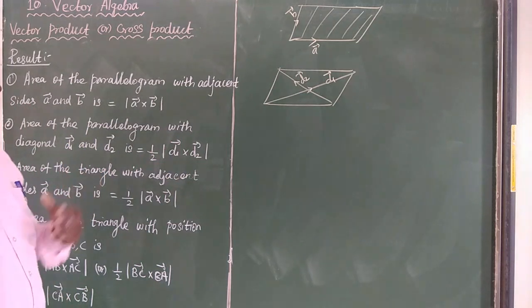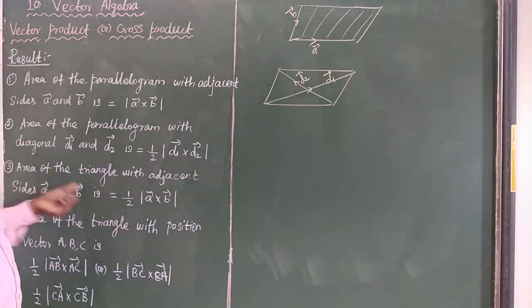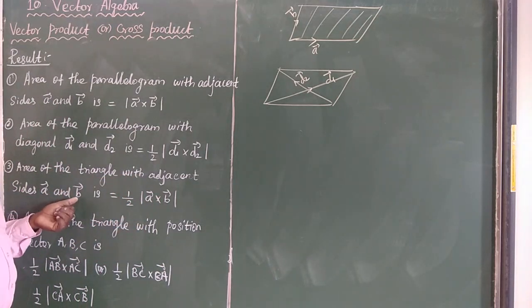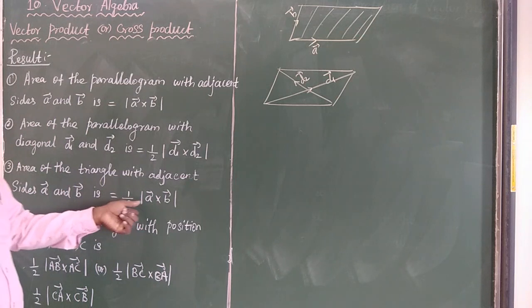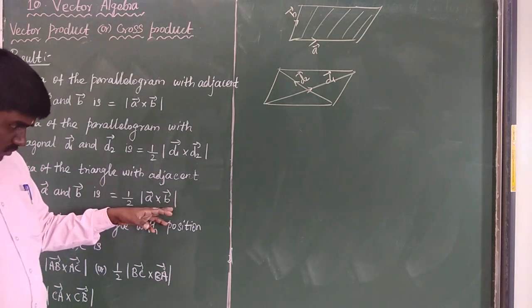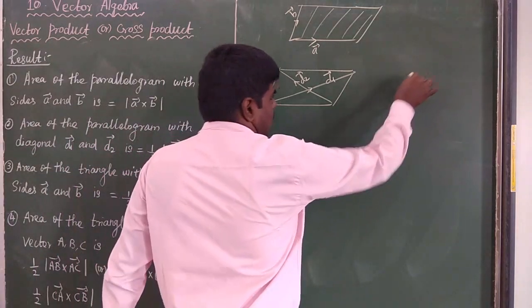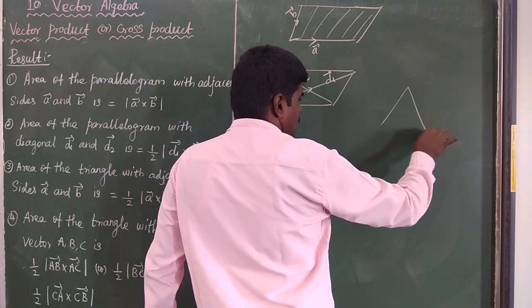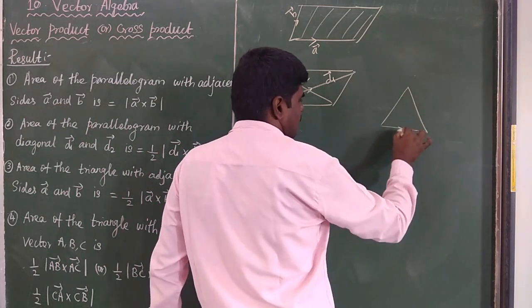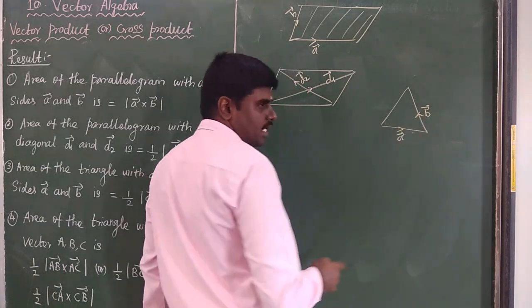That is the second result. The third result is the area of the triangle. We know the area of the triangle with adjacent sides A vector and B vector given is 1/2 into A vector cross B vector. Already we said the geometrical meaning of the cross product topic. So here, in the same way, the area of the triangle is given with two adjacent sides, any two sides.